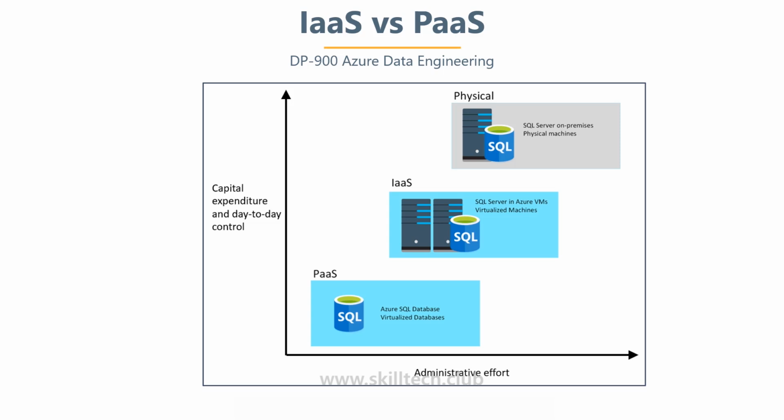That's why this has the least administrative effort and the least day-to-day control. So cost-wise, this is going to be cheaper than the other two options. Which one is better and best for you? Well, we can know that when we use it and see the requirement of the project.